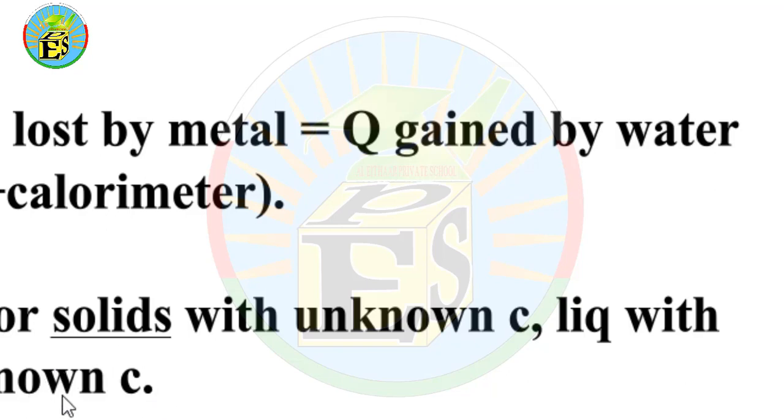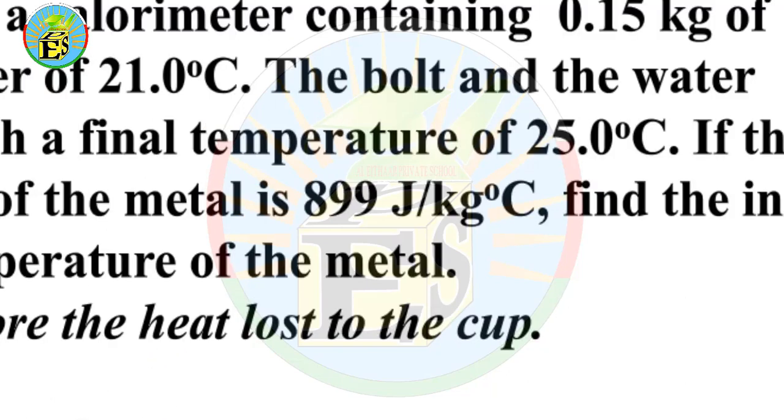We know the specific heat of water, but we don't know the specific heat of the solid. A 0.05 kilogram metal piece is heated to an unknown temperature, and then dropped into a calorimeter containing 0.15 kilogram of water at 21 Celsius.